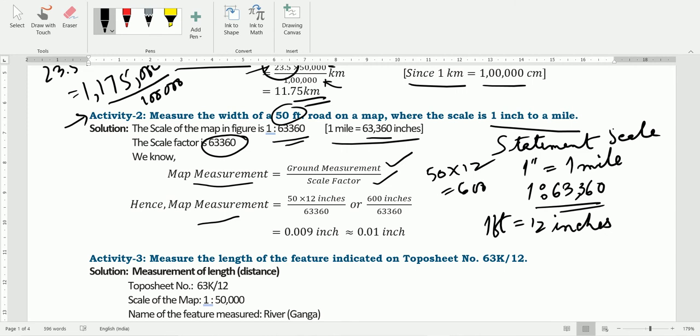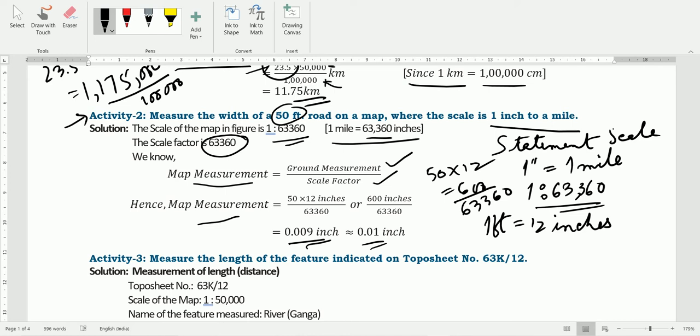So 600 is to be divided by 63360, and we get the value 0.009. After rounding, it becomes 0.01 inch. So this is the width of the road on the map.